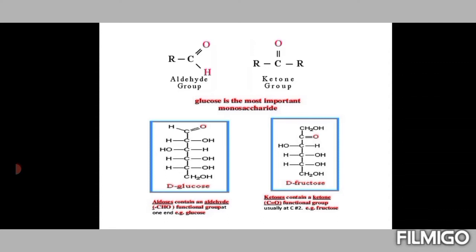In a cyclic structure, the carbon which is close to the oxygen in it, or the OH group which rotates around, is the anomeric carbon. Also note that on the last carbon, whether it is triose, tetrose, anyone, this last carbon will have CH2OH attached to it.